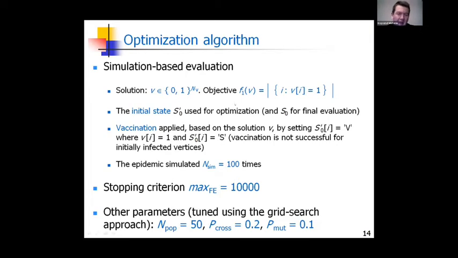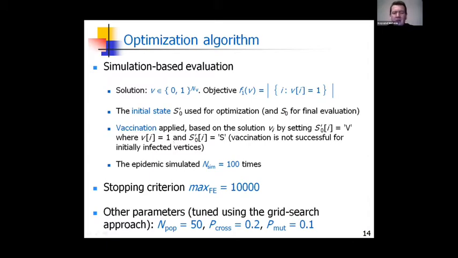And after that, the spreading of the disease has to be simulated, starting from the known initial state. And the vaccination is applied in this way that, of course, we take elements from this solution vector equal to 1, and the corresponding vertices are vaccinated.